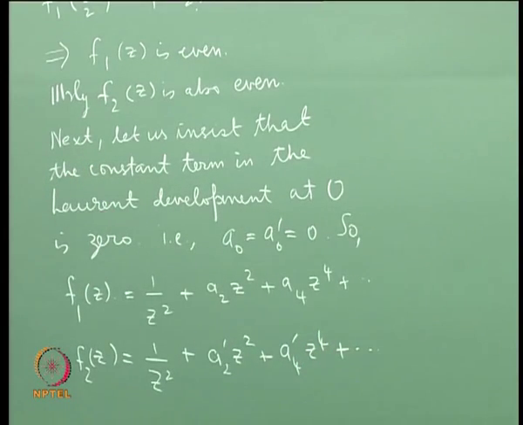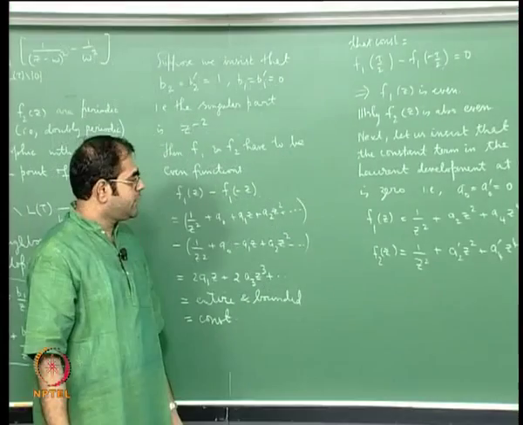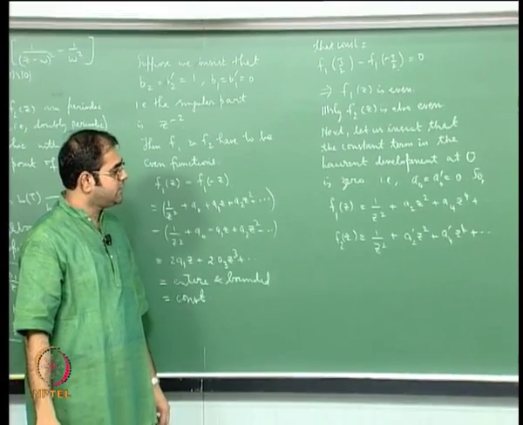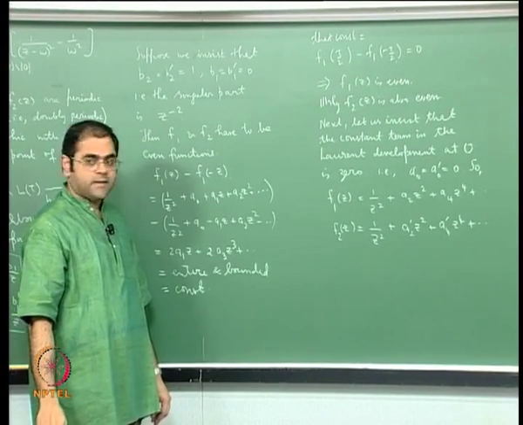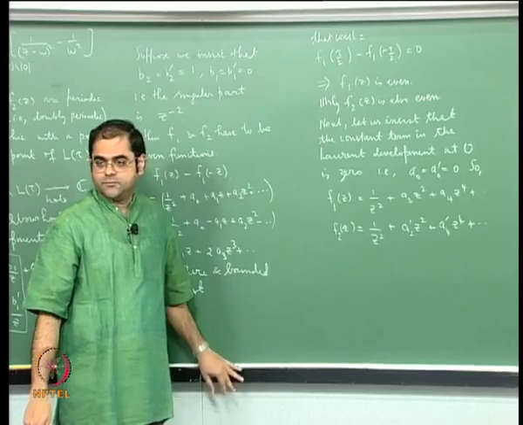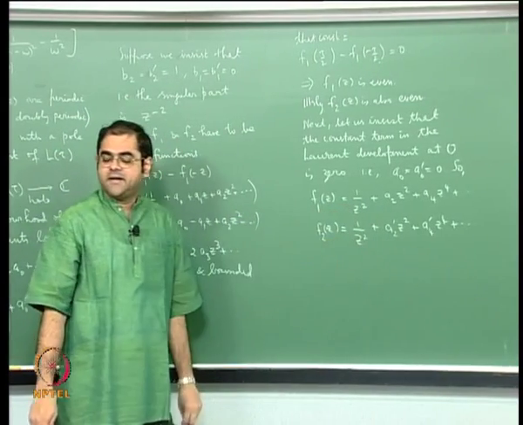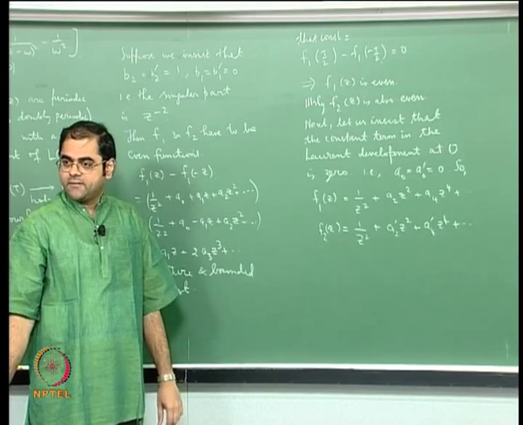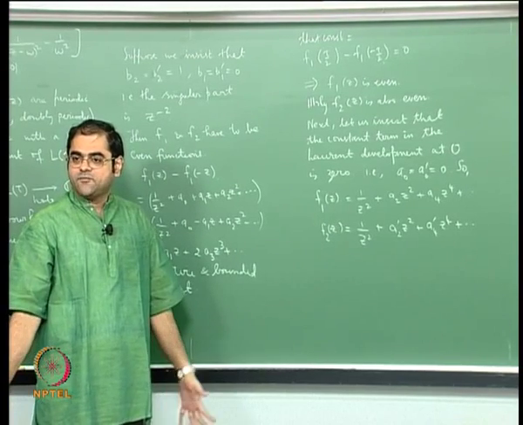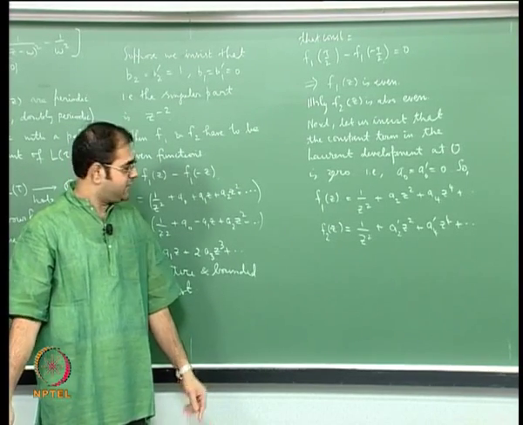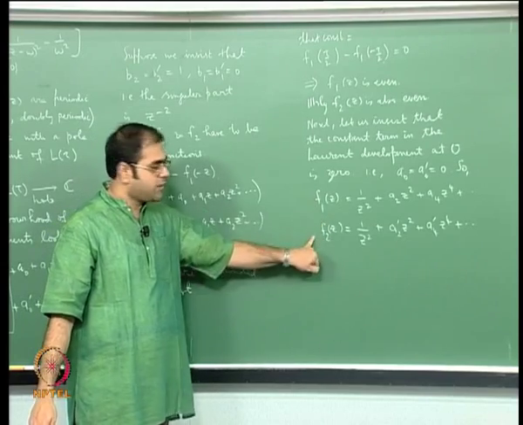So this is how the Laurent expansions are going to look like. Now you see, again if I subtract the two, I will get an entire function which is doubly periodic, okay, and therefore it will be a constant, and therefore these two have to be equal, okay.